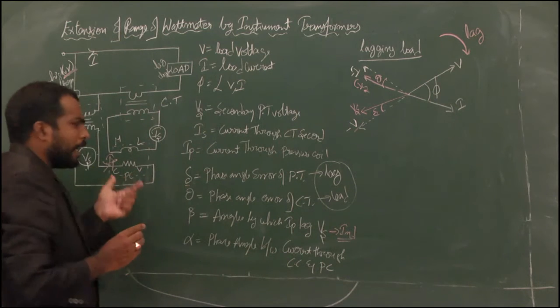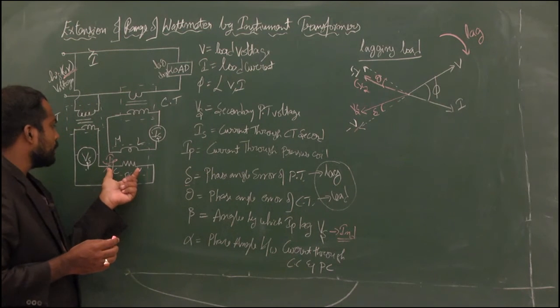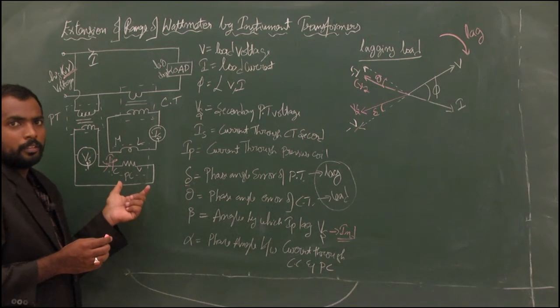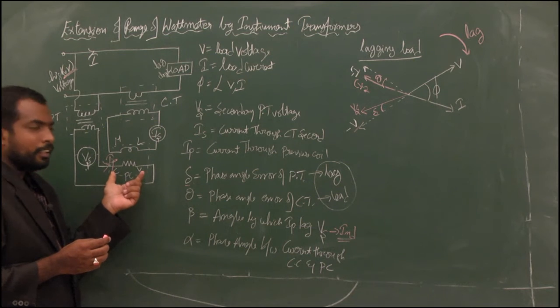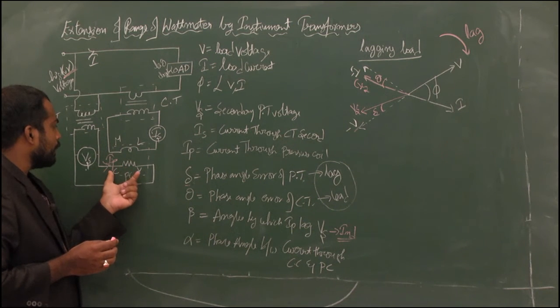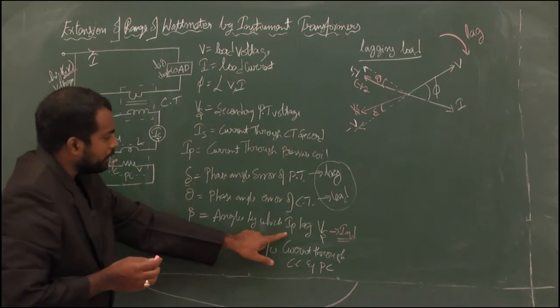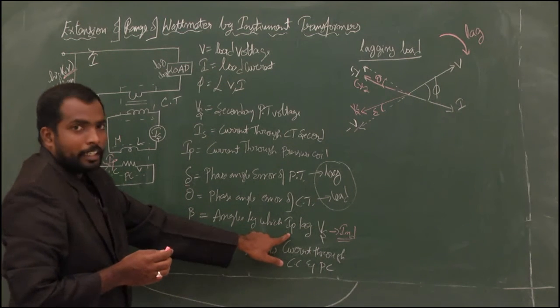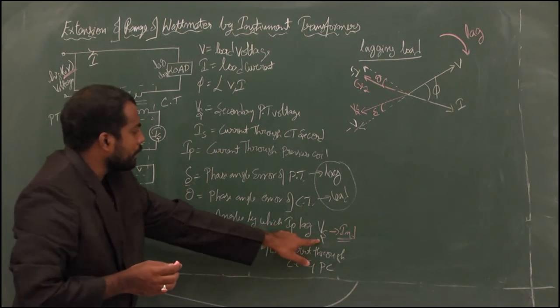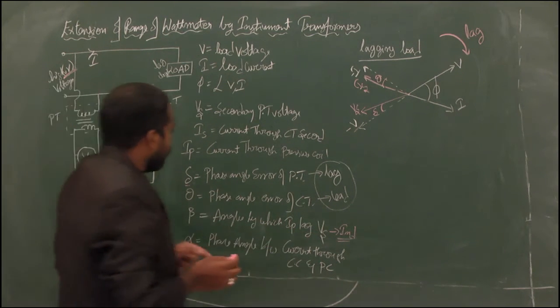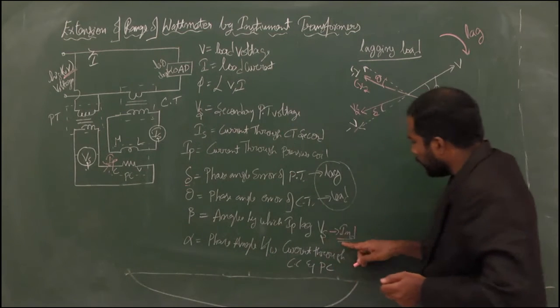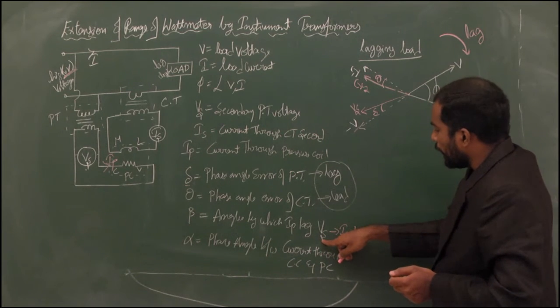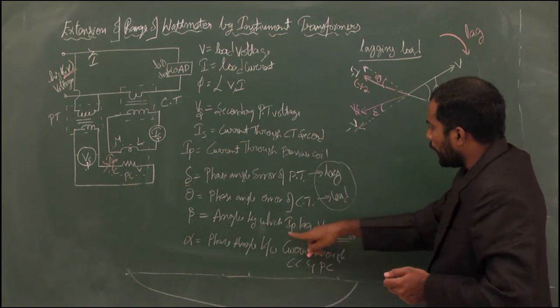That means in practical conditions we assume that the inductance of the pressure coil is 0, as we discussed in the previous session. But if I am considering that the pressure coil has a small inductance, then beta is the phase angle difference between the current through the pressure coil and the voltage across the secondary of PT. It will lag the secondary side voltage by an angle of beta.